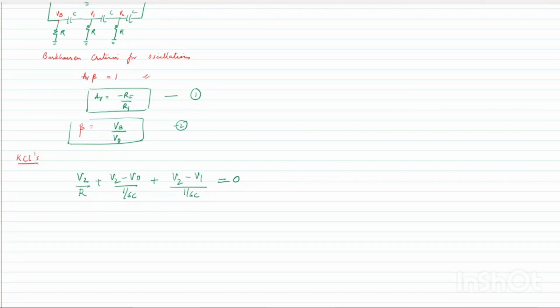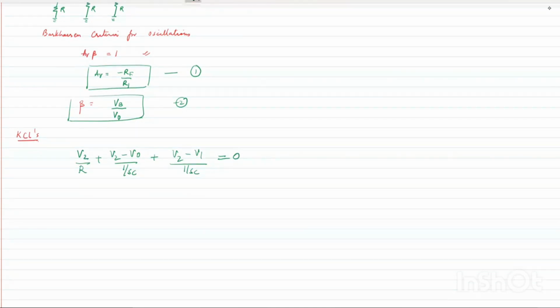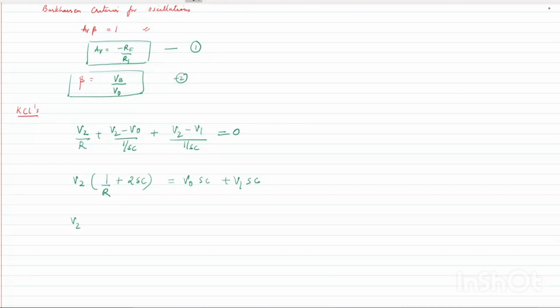Before writing the equation number, I'll simplify this. I'll take V2 common: V2 times (1 by R plus 2SC) equals V0 SC plus V1 SC. Sorry, I made a mistake, this is 1 by R. If I simplify this more, it will be V2 times (2SCR plus 1) upon R equals V0 SC plus V1 SC.